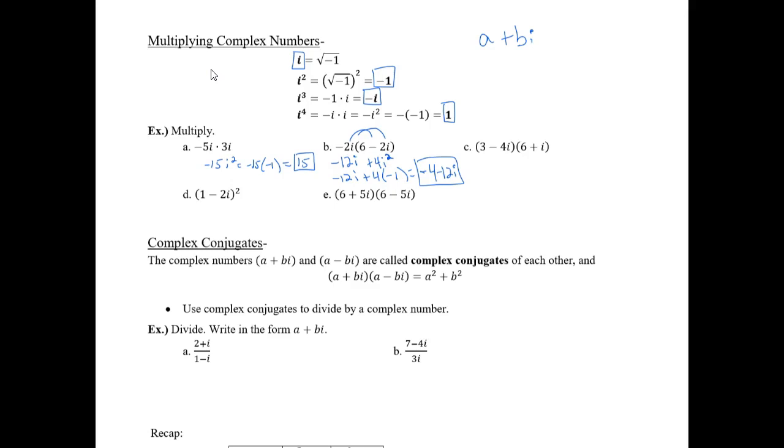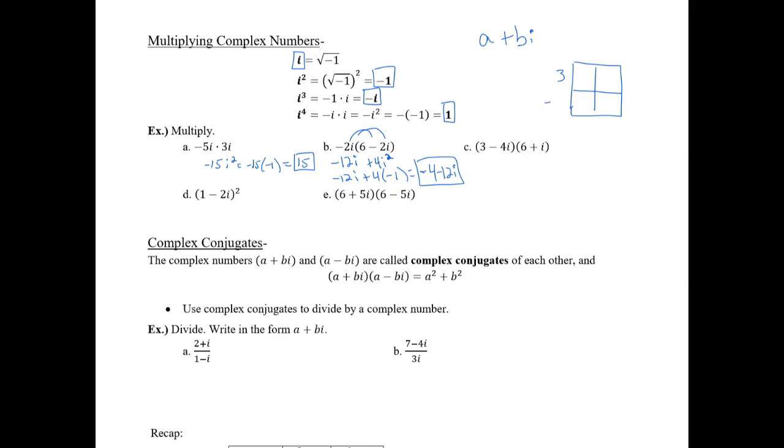Now what happens when I have 2 terms multiplied by 2 terms? I need to either box or FOIL that out. As you know, I'm a fan of the box method for multiplying. I'm going to do that, but you're more than welcome to use FOIL if you're comfortable with that, or just distributing.